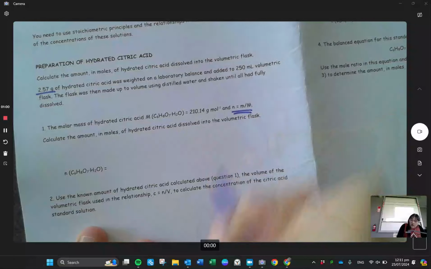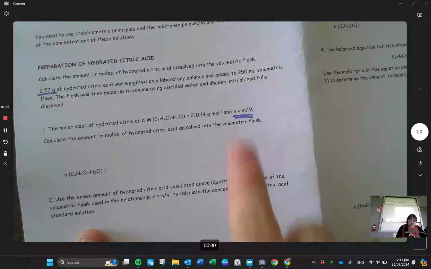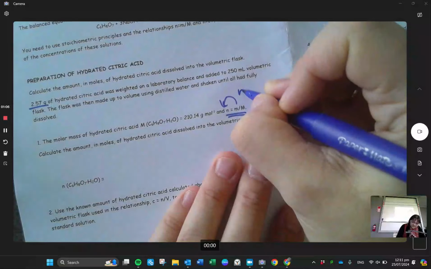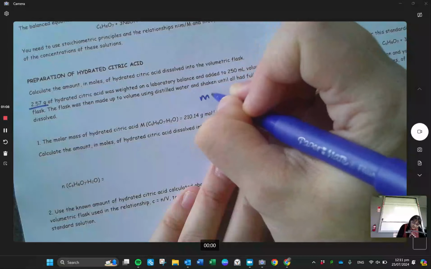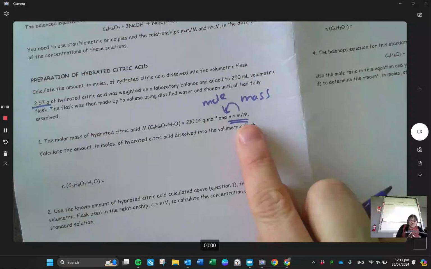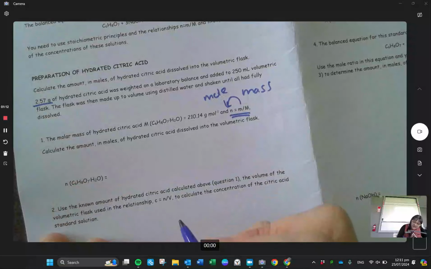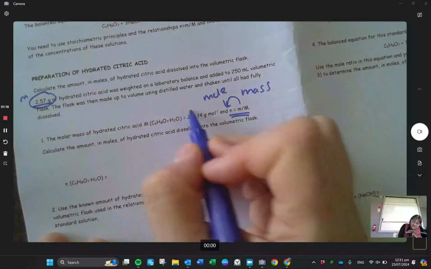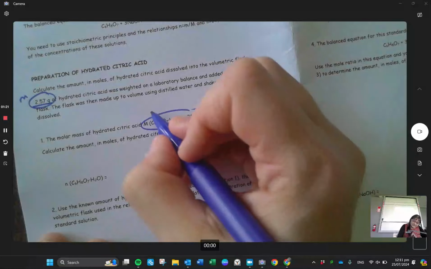Remember, I will give you all equations. You don't have to worry about memorizing them. And the way for us to convert from mass to moles is to do m divided by big M. So my little m is this, because that's my mass. And my big M is this here. That's my molecular mass.